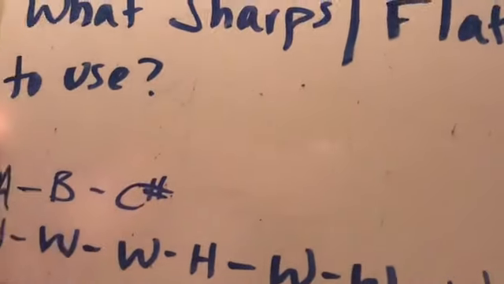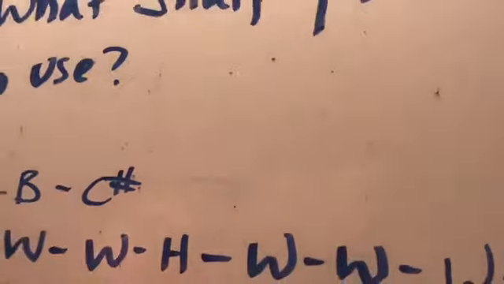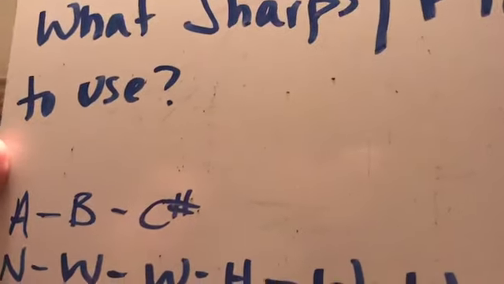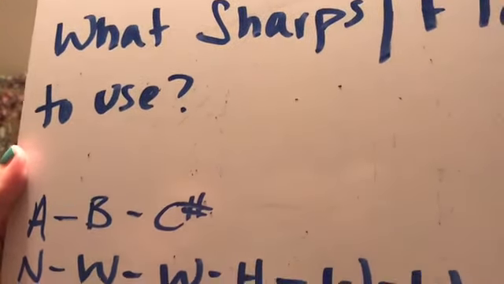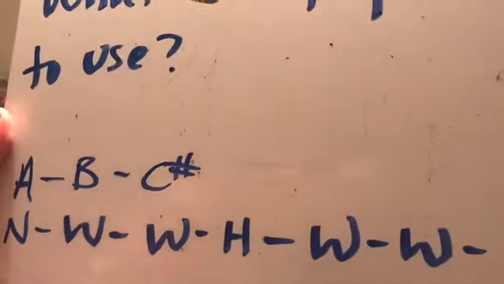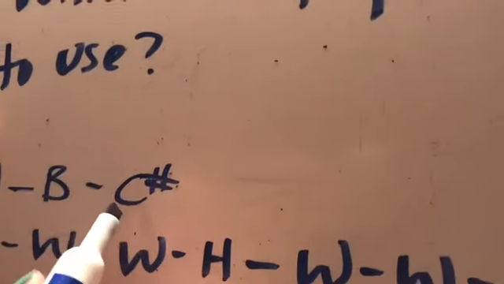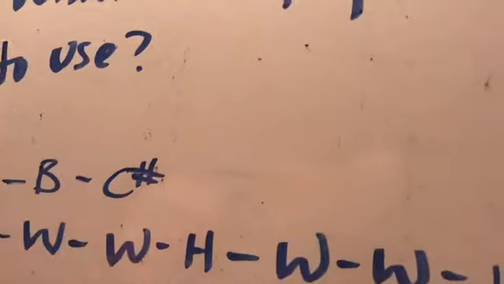The reason it's not C is because, it's a little easier to see on a piano, I can show some visuals as well, from B to C, there is no black key in between. So to create that whole step, I go to C sharp.